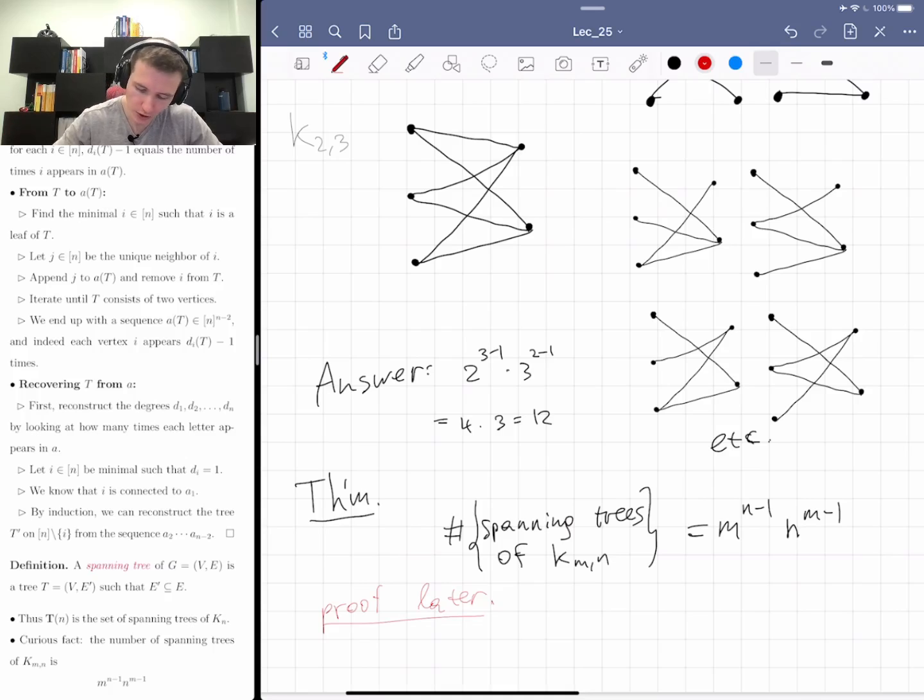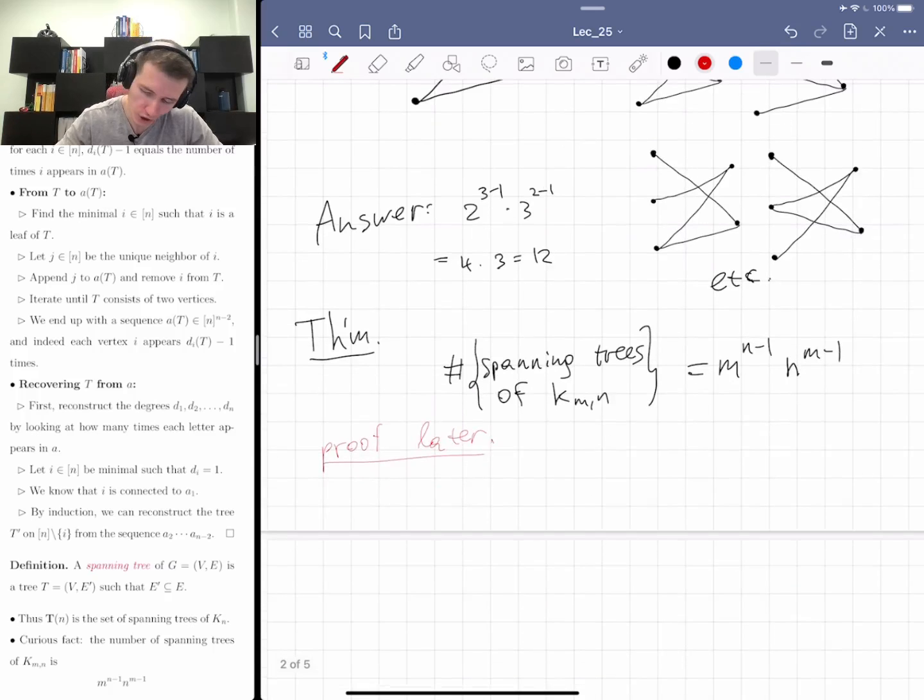And one thing I want to mention, which I'm not going to prove, is that there is also a multivariate version of this formula.